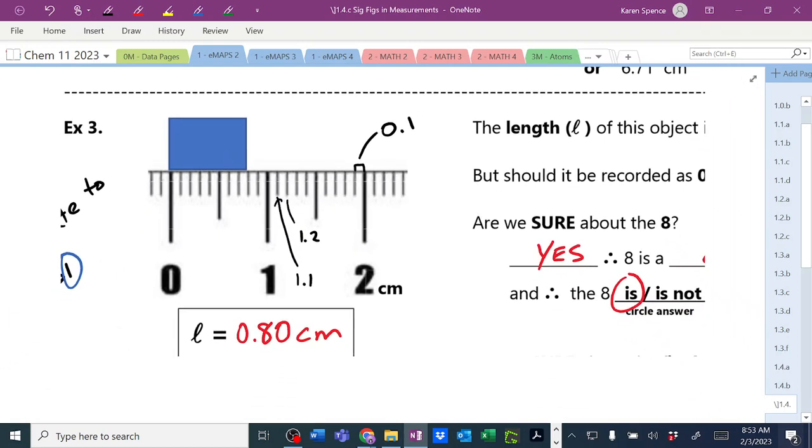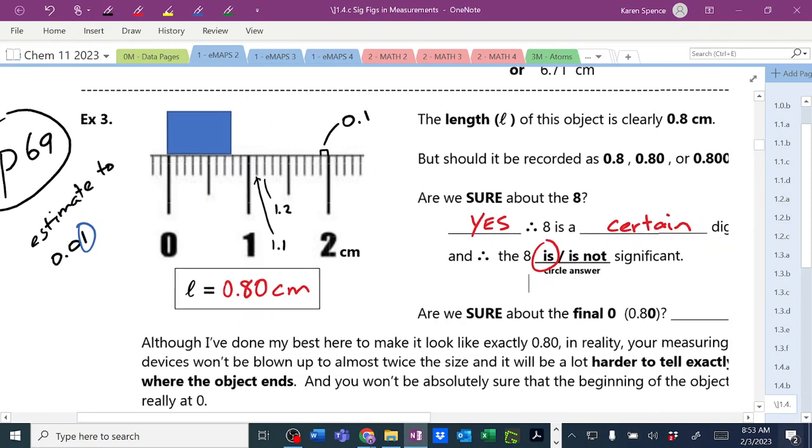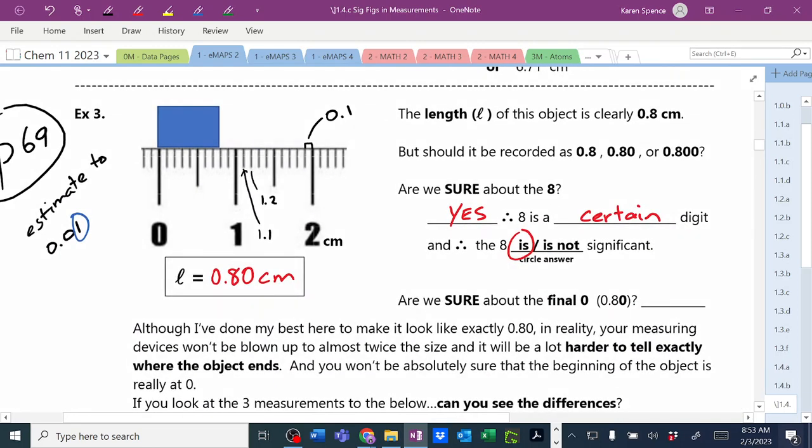So we are not sure about that final 0, and besides which our hundredths position is one more place value than our smallest division. So no, we are not sure about the 0. So the 8 is certain. The 0 is uncertain.